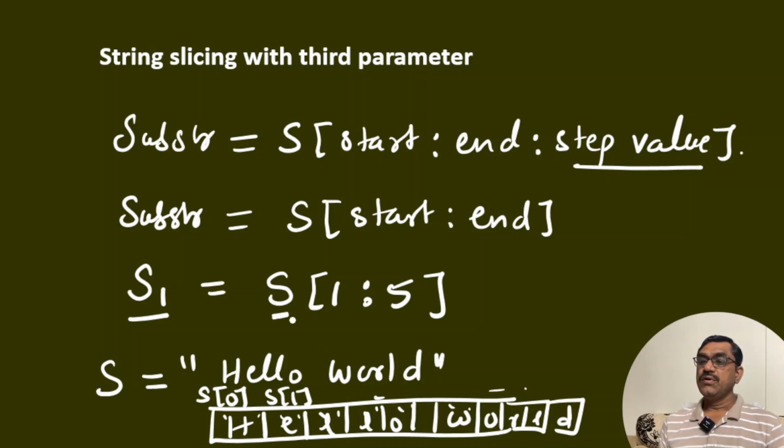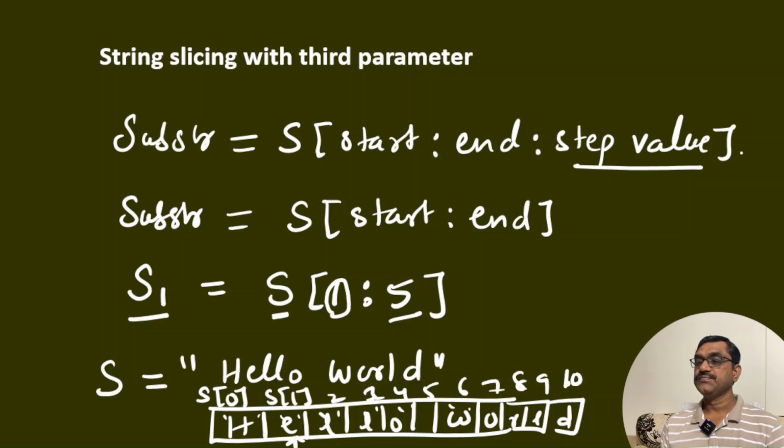Now we are obtaining this substring. Here we are mentioning the starting index 1, that means we are starting from E, and the end index is 5. Already we discussed that this is s of 1, s of 2, s of 3, s of 4, s of 5, s of 6, 7, 8, 9, 10. These are the indexes.